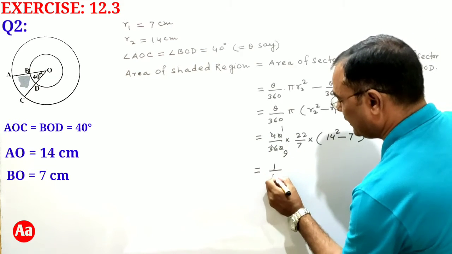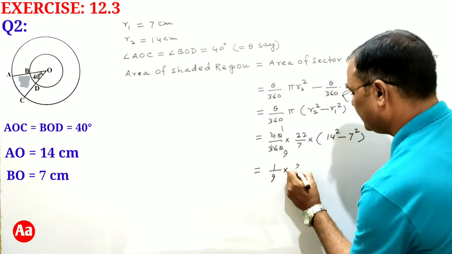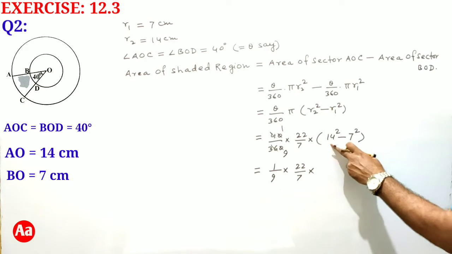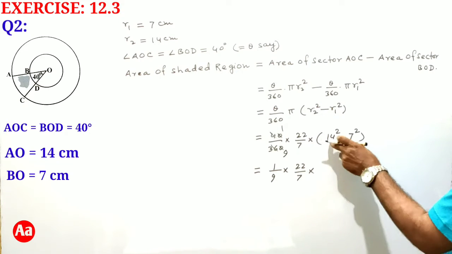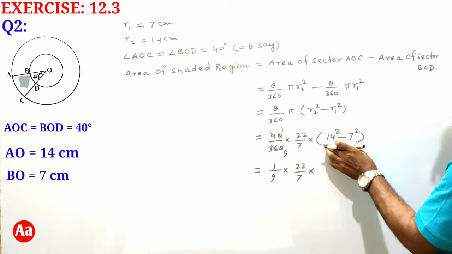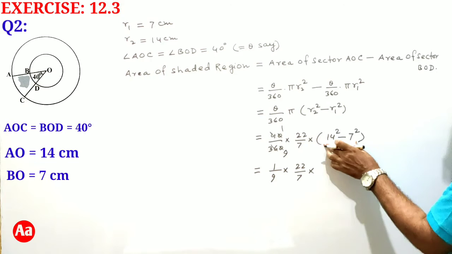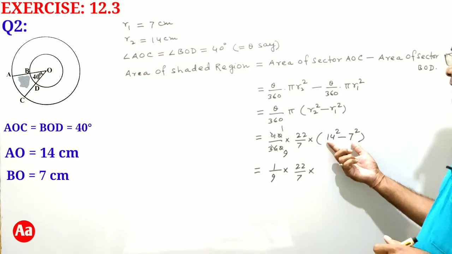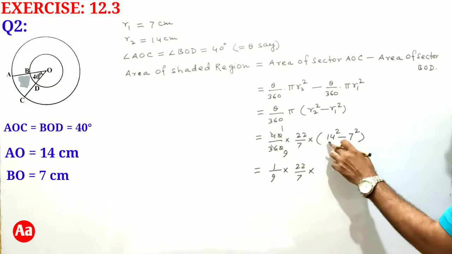So 1 by 9 into 22 by 7 into 14 square minus 7 square. Either you square both the numbers, subtract and write here, otherwise we can use the a square minus b square formula, which is equal to a plus b into a minus b. So let's apply the formula, it is easier to use here.